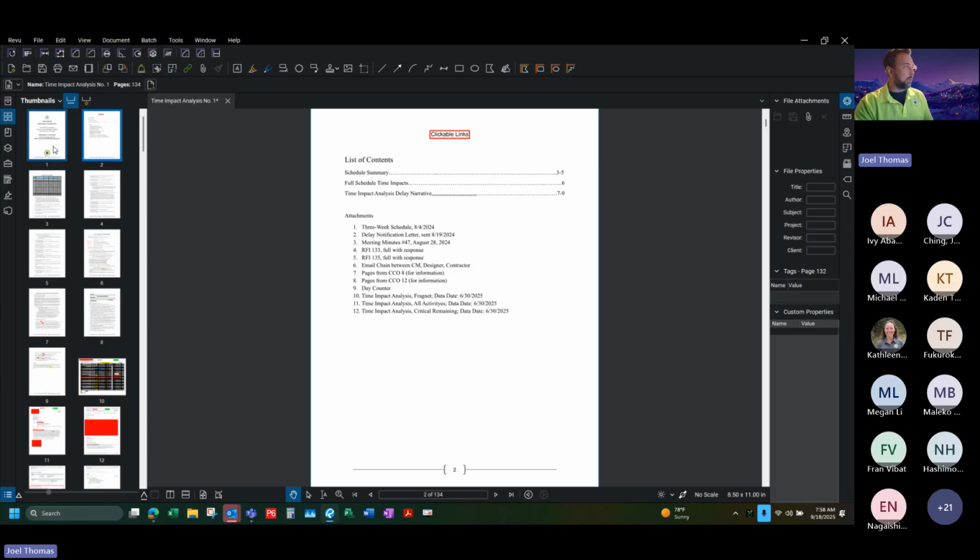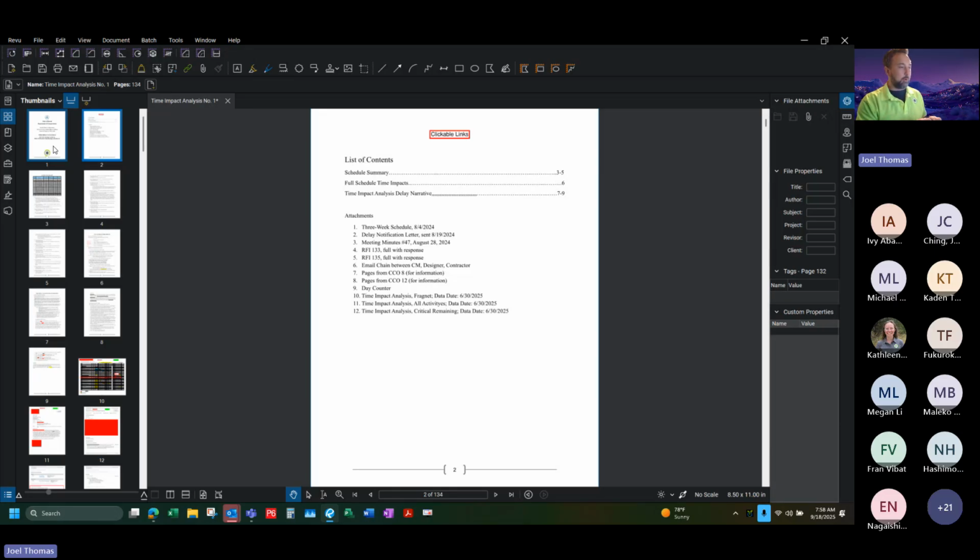But I just wanted to show you what a TIA is. All you're trying to do is tell a story of what the delays are, and then who owns it, and put that information together so that someone that isn't as familiar with the project could read through it and understand, okay, this is why this project is in delay.